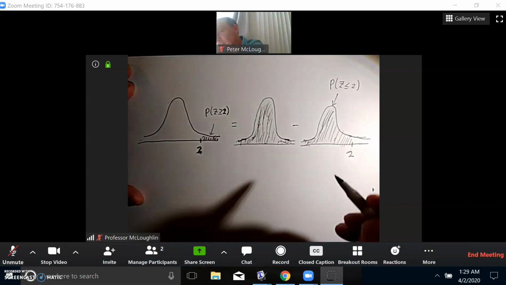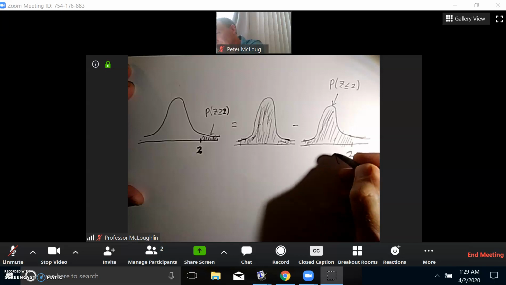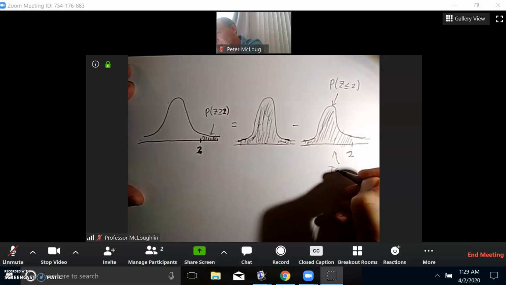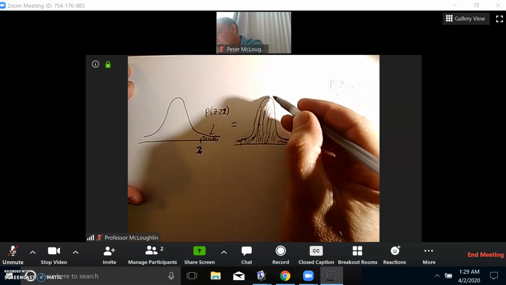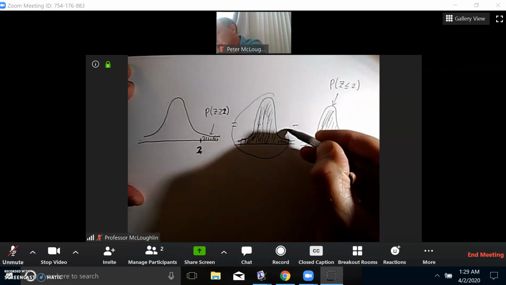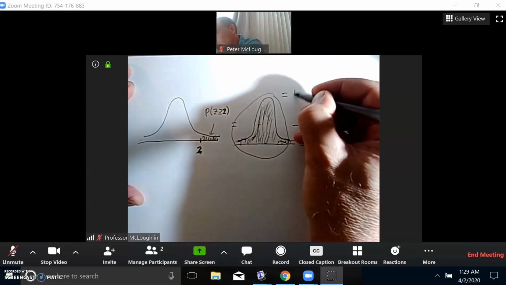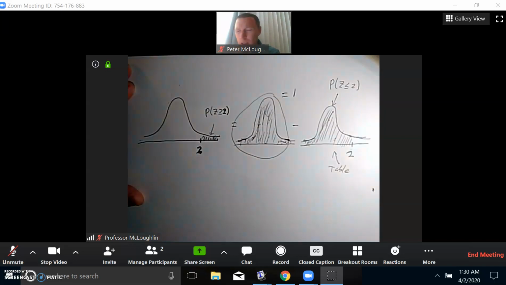Now the table gives us areas to the left, so it doesn't give us areas to the right. But also the total area underneath the probability distribution is always 1, like a probability histogram. So the total area is always 1.